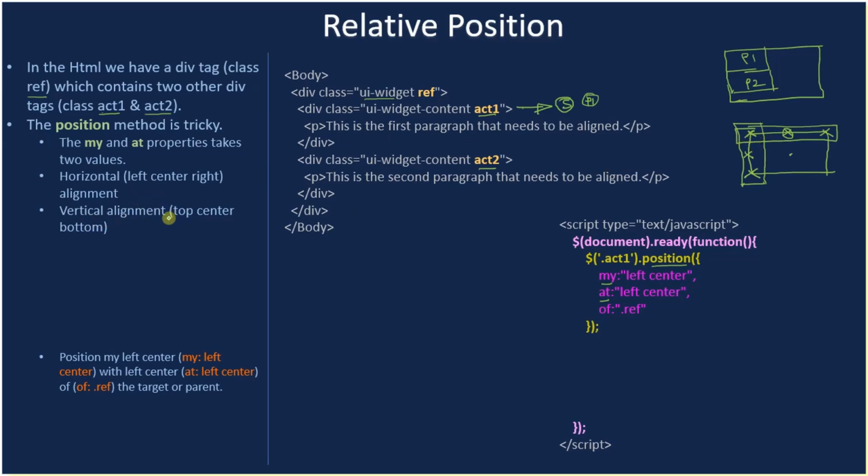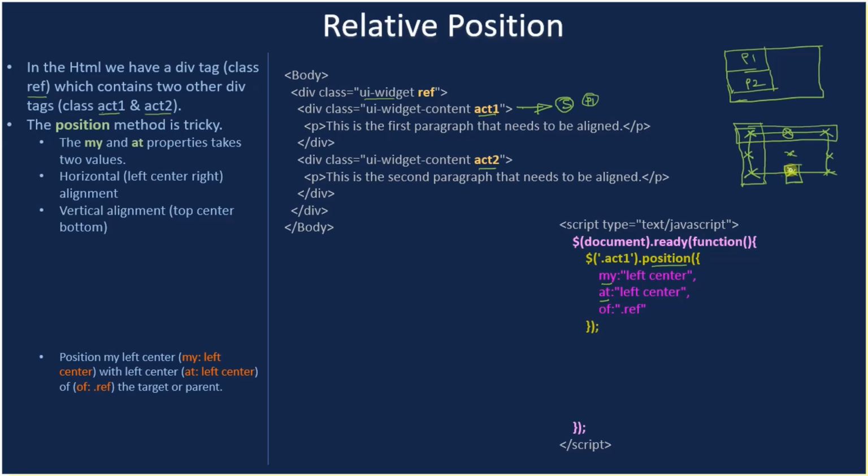The vertical alignment is top, center, bottom, and horizontal is left, center, right. By mixing these two, you can pick multiple points in the box. If you want to know what this one is, in the horizontal it is center, and in the vertical it would be bottom.